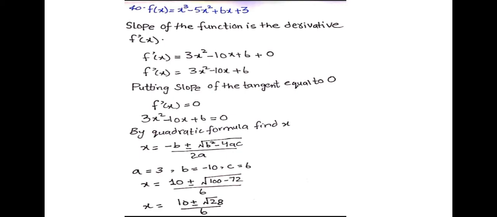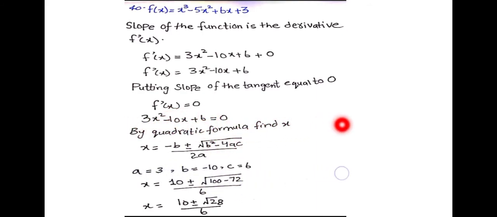And in this case there is only one difference. When it is difficult to find the factors of a given equation, and the equation can't be factorized, we can use the quadratic formula to find the value of x. We know that a is equal to 3, b is equal to -10, c is equal to 6.